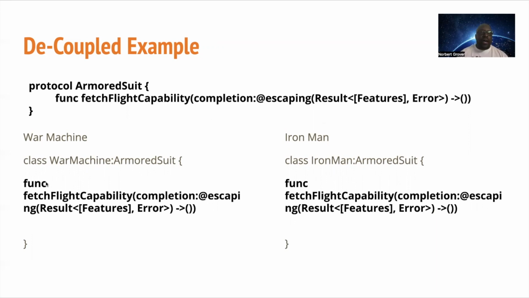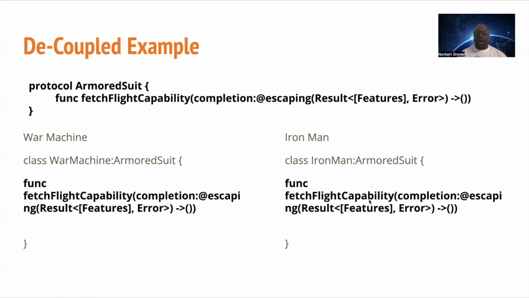But anyway, if you notice, you have this class, War Machine, and it implements the armored suit protocol. As a result of implementing the armored suit protocol, you have this function, fetch flight capability. And of course, because it's War Machine, your implementation may be different than if it was Iron Man.